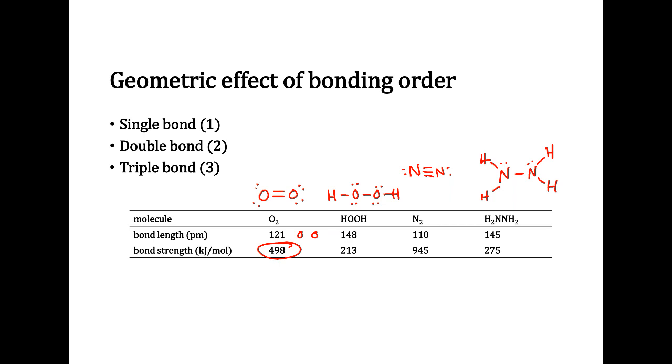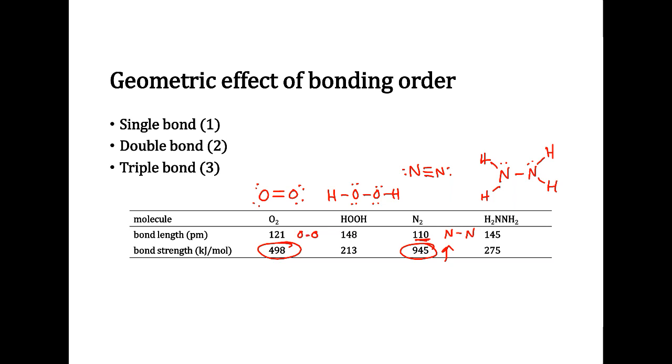Note that N2 has a triple bond, so this is shorter because it's a triple bond. And as that bond length gets shorter, the bond strength, or the amount of energy required to break that nitrogen-nitrogen bond, is increasing.